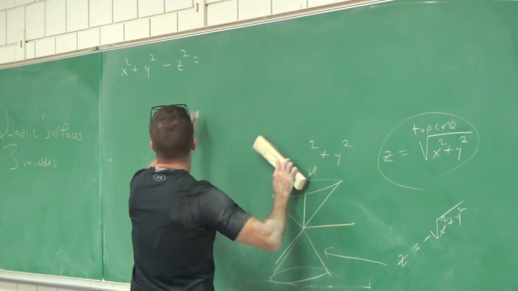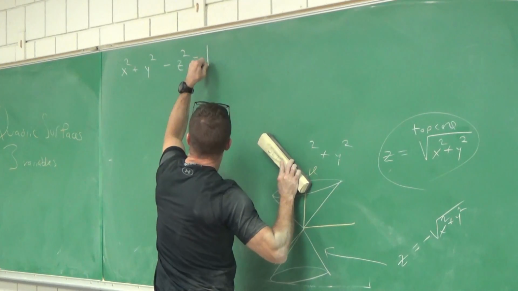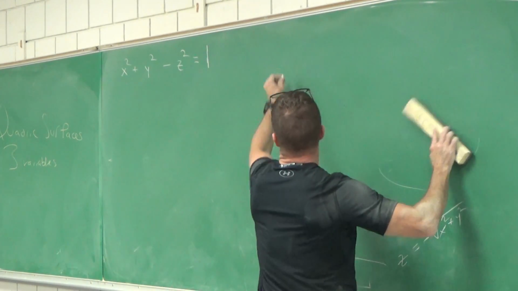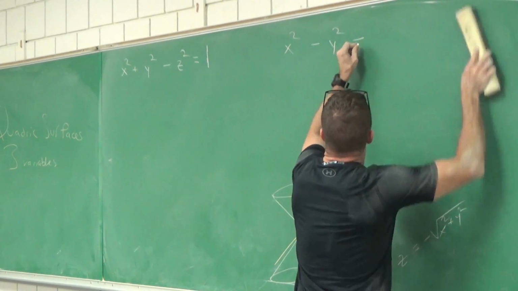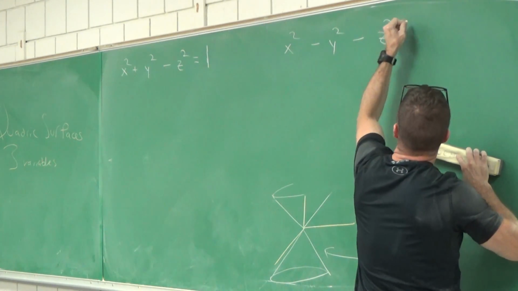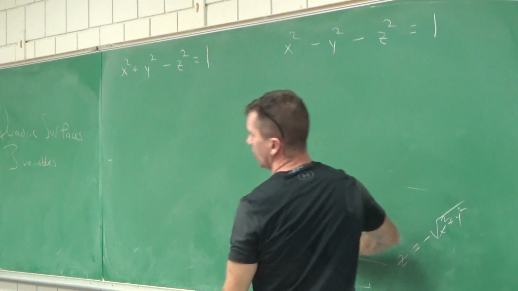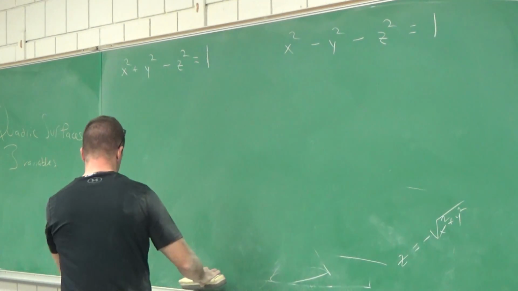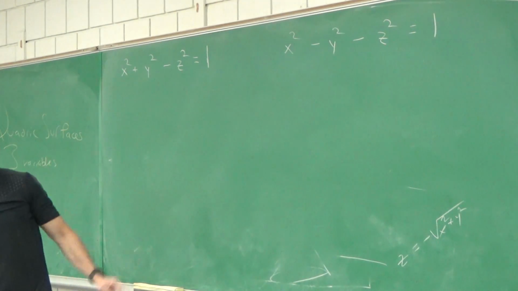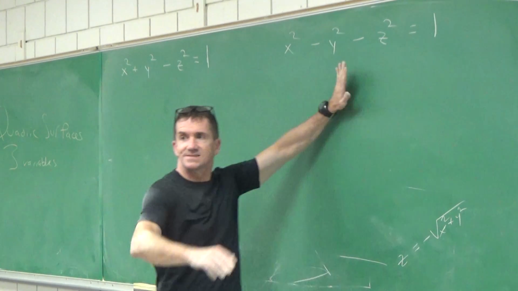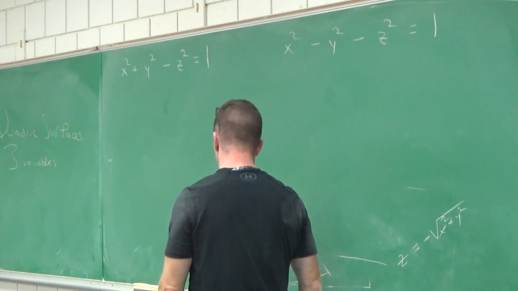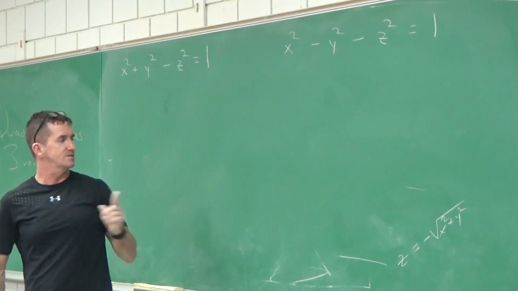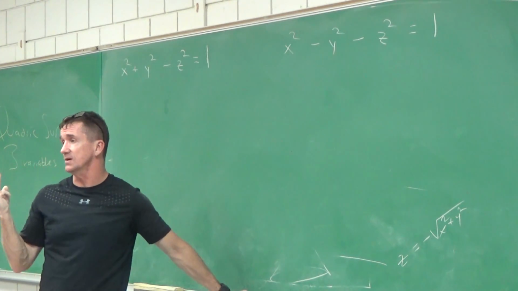This is called a hyperboloid. Both of these are hyperboloids. That's a hyperboloid. That's a hyperboloid. These kind of look like the spheres before, don't they? But what's new? First, they have all three variables, right?